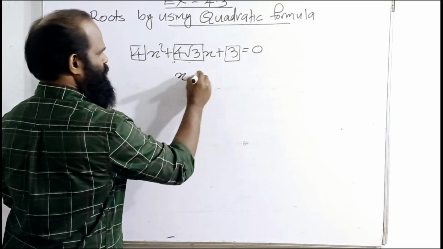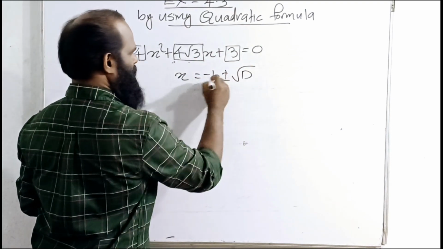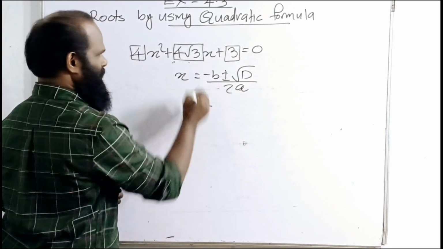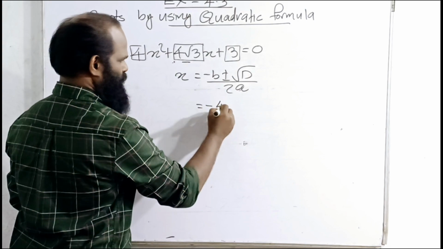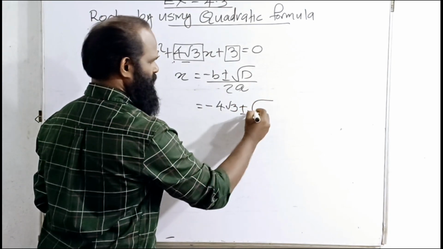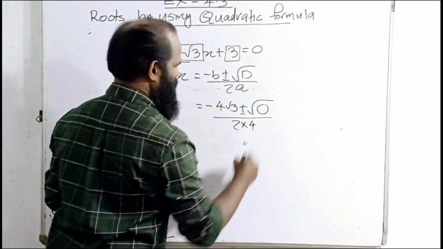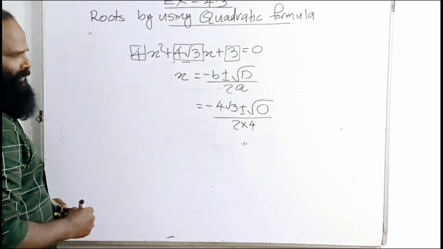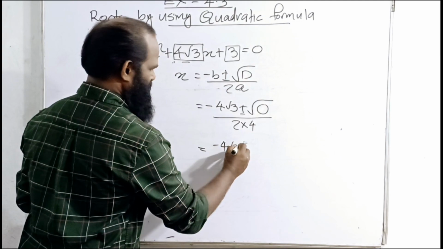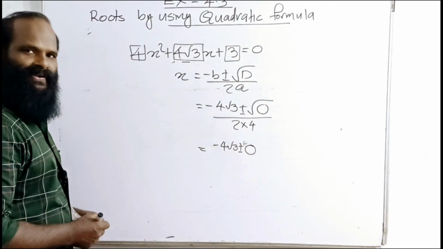Now x is equal to minus b plus or minus root d by 2a, is equal to minus 4 root 3 plus or minus root 0 by 2 into 4, 2a. Minus 4 root 3 plus or minus 0, no need of writing that way.